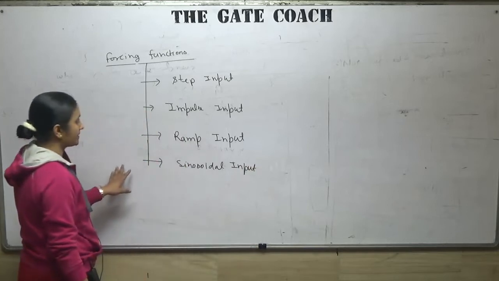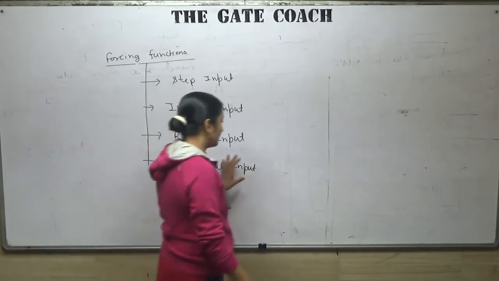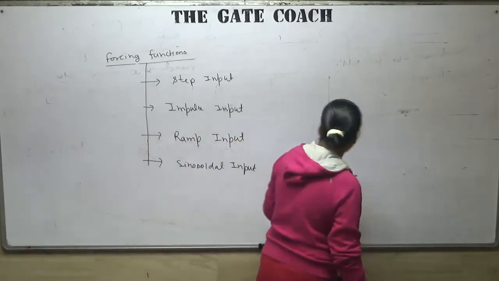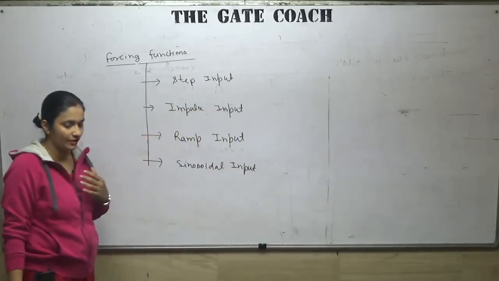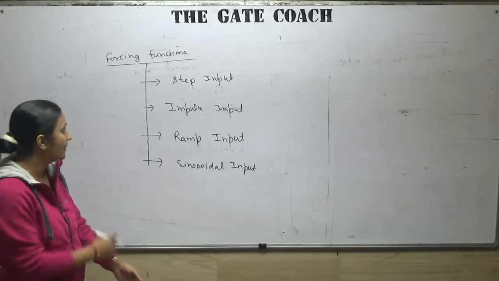These are the four basic forcing functions that we have to study in PDC, and forcing functions are those that tend to change the stability of any process or system, right?